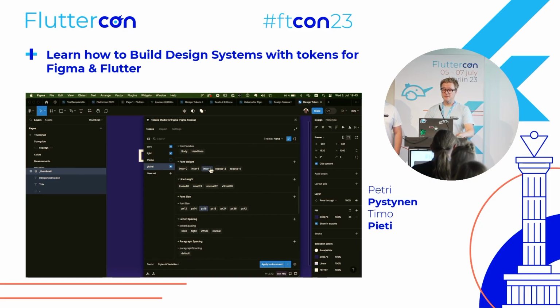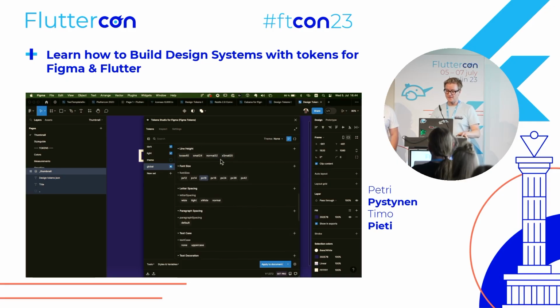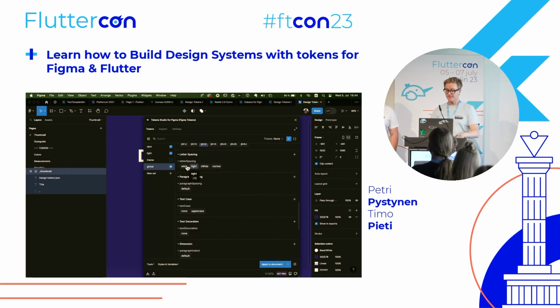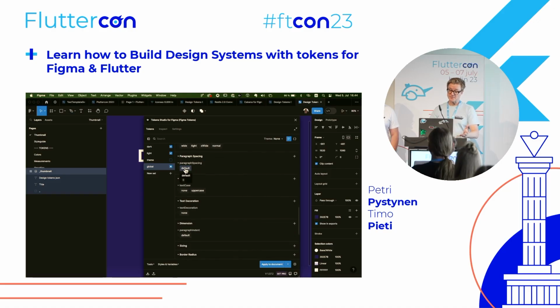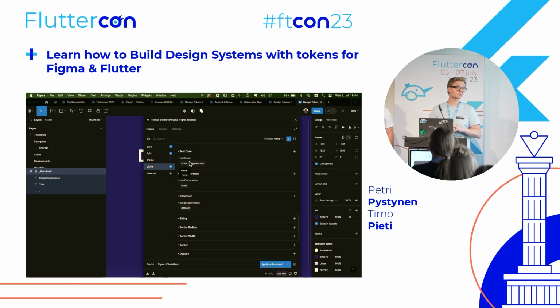And then the only problem with the text is that you normally have to have different tokens for different font faces, because as you all know, some fonts have only a normal and bold cut, and other fonts can have medium or semi-bold or whatever, but it's not consistent. So you have to define those separately. And also the line heights can be set. Letter spacing can be set. Paragraph spacing can be set. And then text case, basically pretty much anything that you actually tweak in Figma can be set as a token these days.